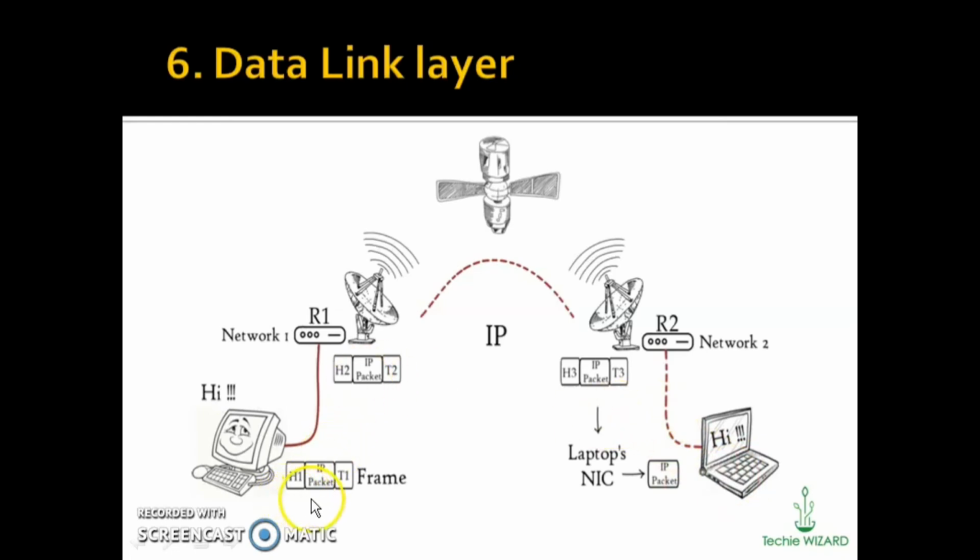First, the computer creates a header and tail and sends it to the router. Here the router decapsulates it and encapsulates it again with another header and tail for easy communication from R1 to R2. After it reaches R2, it again decapsulates it and encapsulates it with a new header and tail and sends it to the laptop NIC.